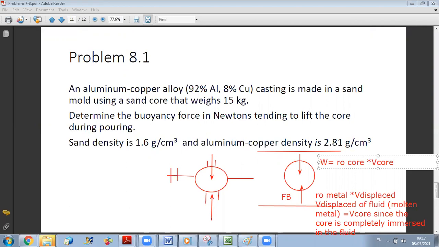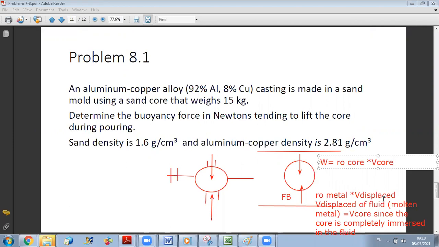While for the buoyancy force, we take rho of the fluid times the displaced volume of the fluid. But since the core is completely immersed into the fluid, the displaced volume is equal to the volume of the core. So the buoyancy force will be equal to rho metal times V core.